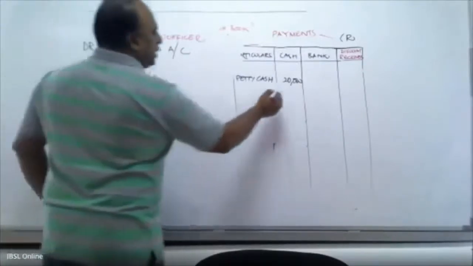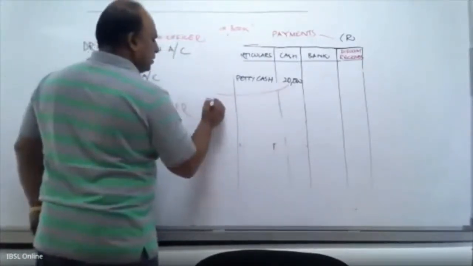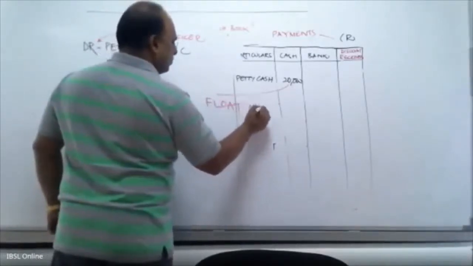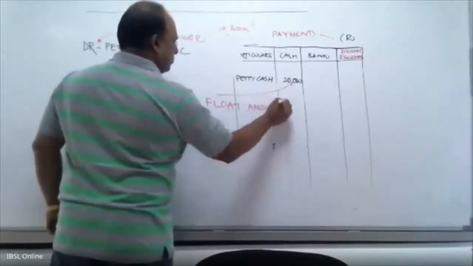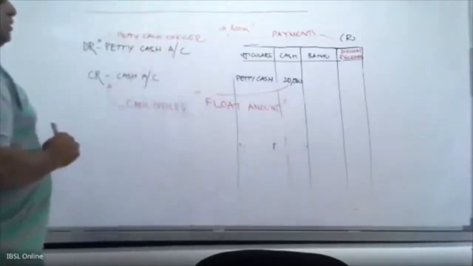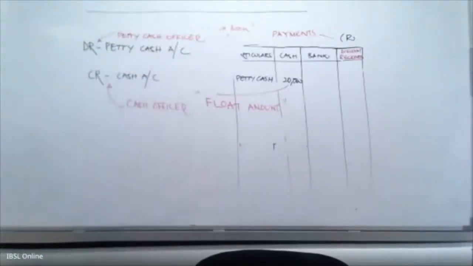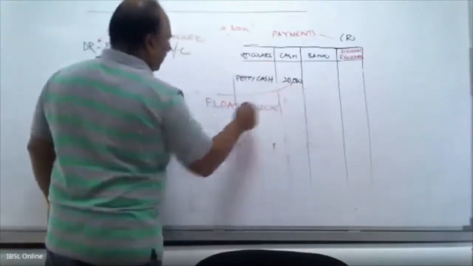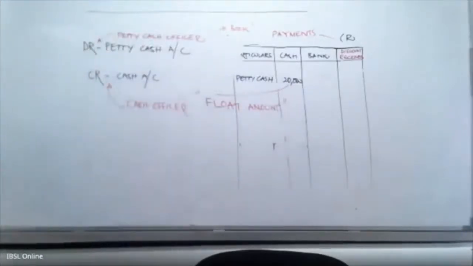This amount is known as the float amount. Every month at the beginning, this petty cash officer will have 20,000 in his pocket to look after the expenses for the particular month.